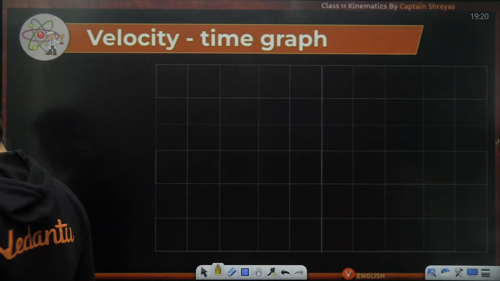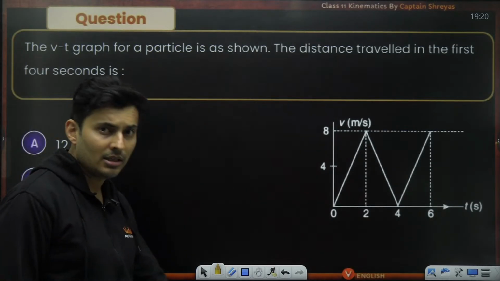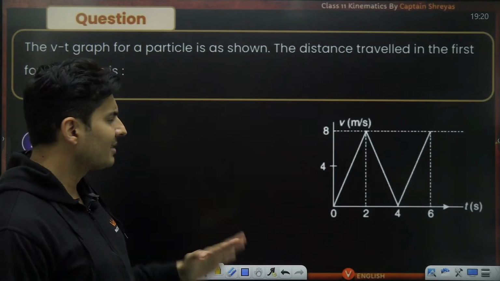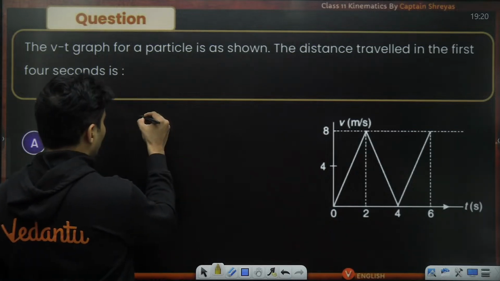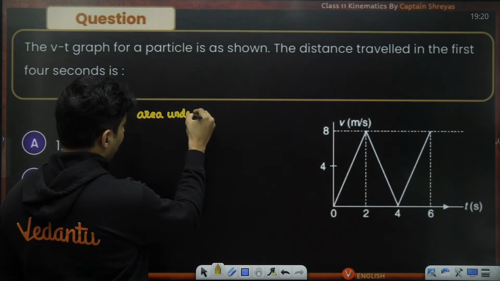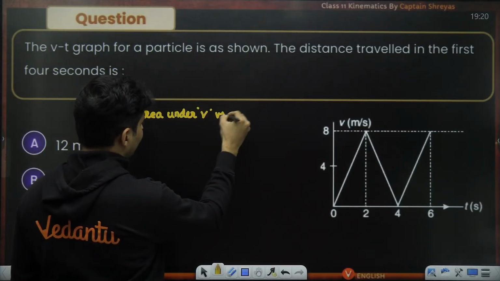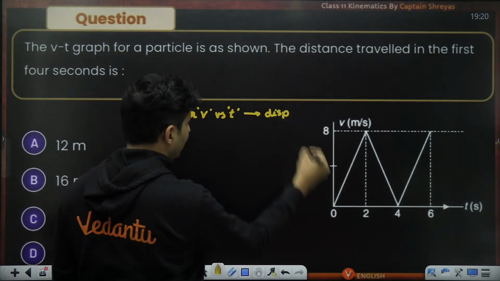The velocity graph of a particle is as shown. The distance traveled in the first 4 seconds is, okay, the velocity graph is given, so displacement means area. The area under velocity versus time gives you that displacement.